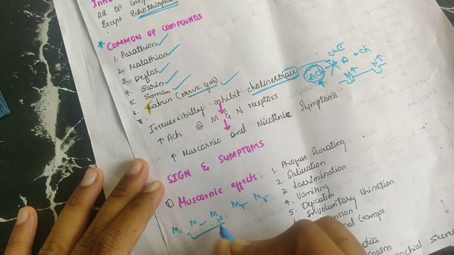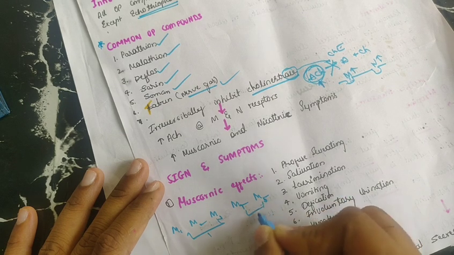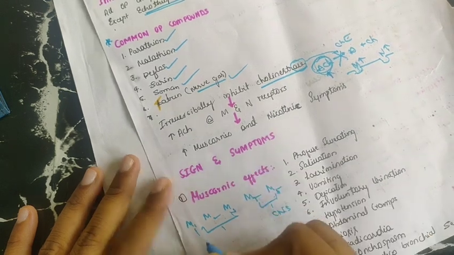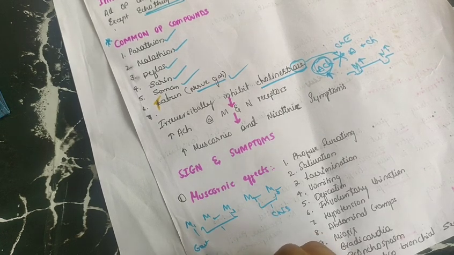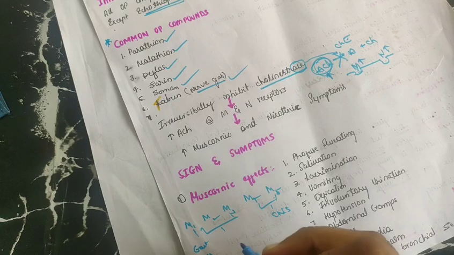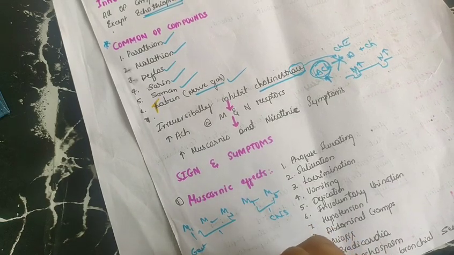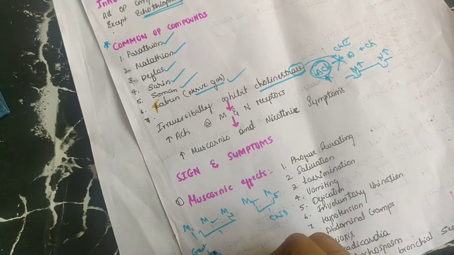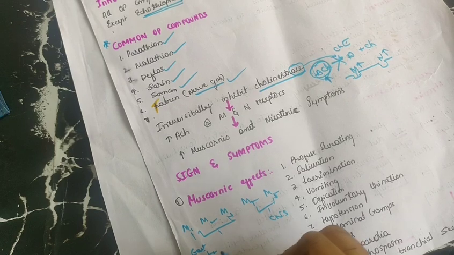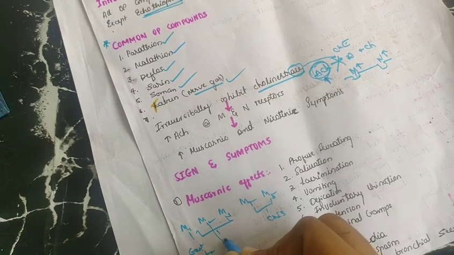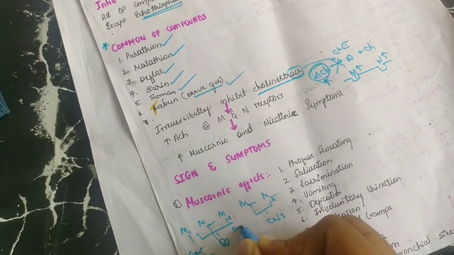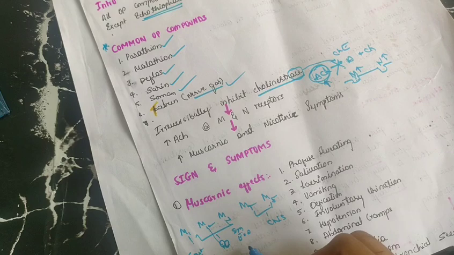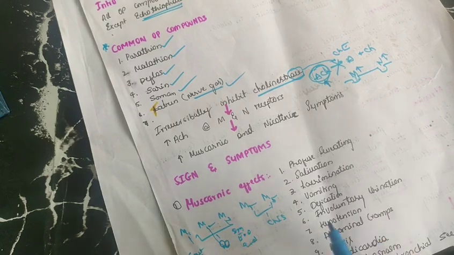M1, M2 and M3 are functionally important; M4 and M5 are not that important and are present in the CNS. M1 is present in autonomic ganglia, gastric glands and CNS. M2 is only in the heart, whereas M3 receptors are present in smooth muscles, exocrine glands and endothelial cells of blood vessels. These are the places where muscarinic receptors are present.